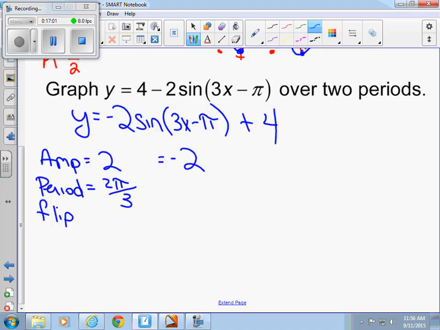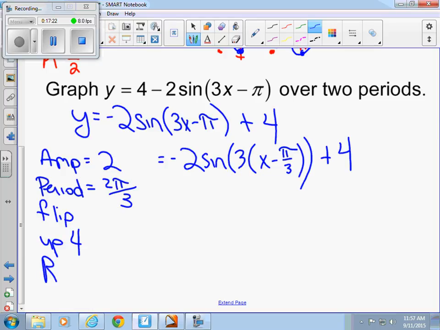To see the other shifting, I am going to have to factor it out, put it in a critical form. And would you agree that would be pi over 3? So I am moving up 4 and right pi over 3.